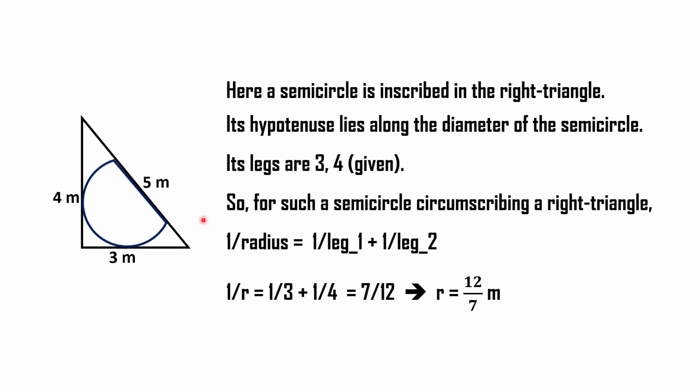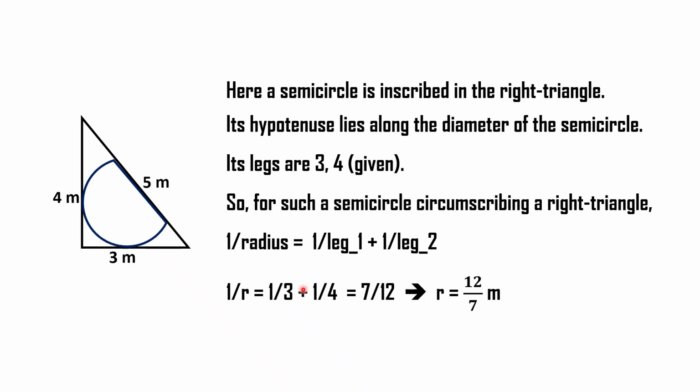In such a case, the radius is given by 1 by r equals 1 by first leg plus 1 by second leg. So in this case, 1 by 4 plus 1 by 3, giving you 7 by 12.